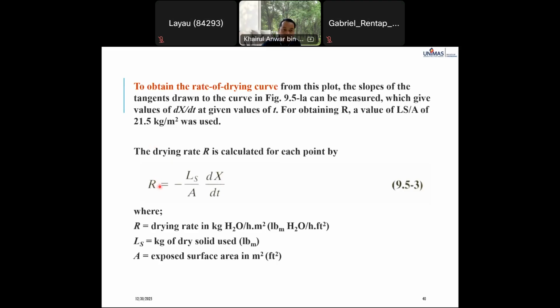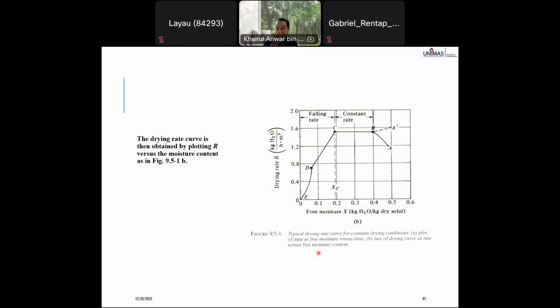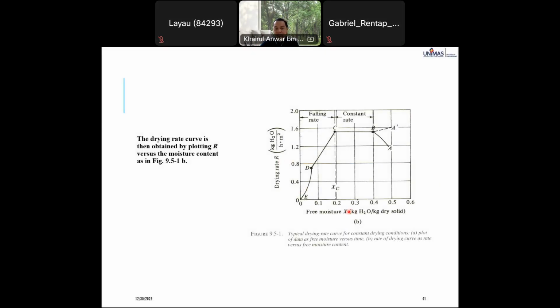So the drying rate R equals negative Ls over A times dX over dt, where R is the drying rate in kg H2O per hour meter square, Ls is the kg of dry solid used, and A is the exposed surface area in meter square. The drying rate curve is then obtained by plotting R versus moisture content X. So once you calculate R, you can plot R versus X.